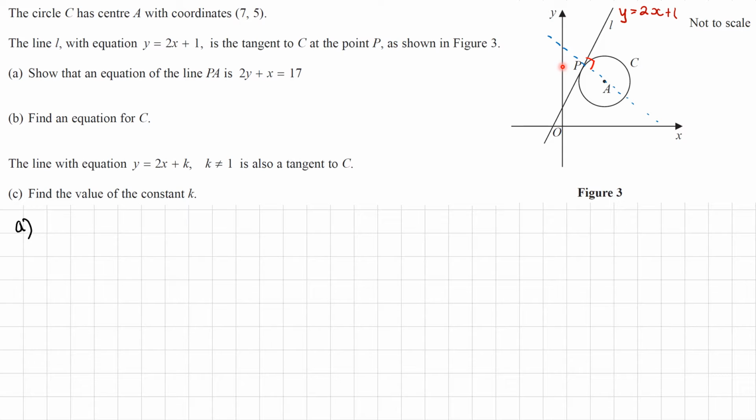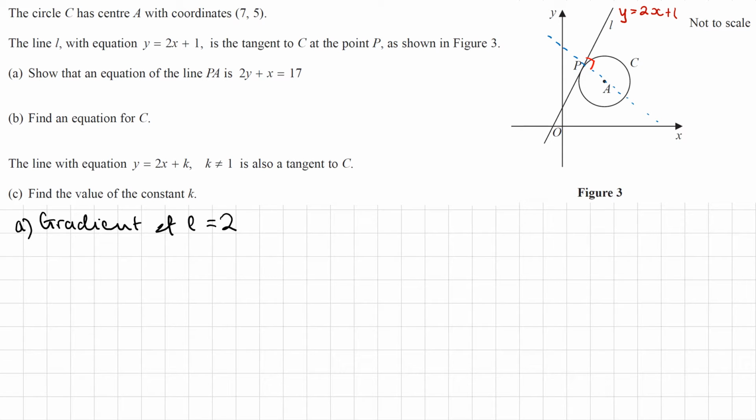So the first thing we're going to do is to start by finding the gradient of this perpendicular line. So we know that the gradient of L, very easy to find, is just equal to 2.